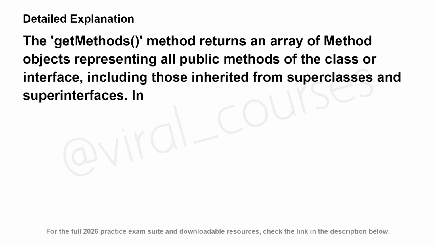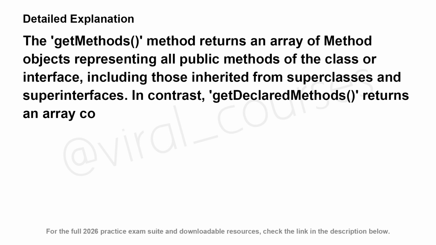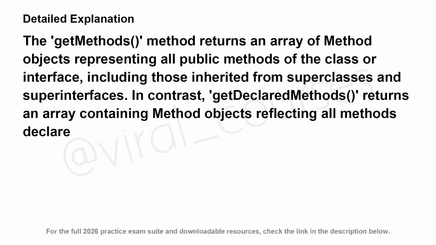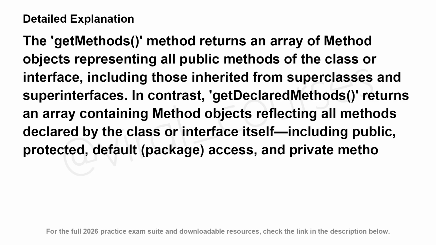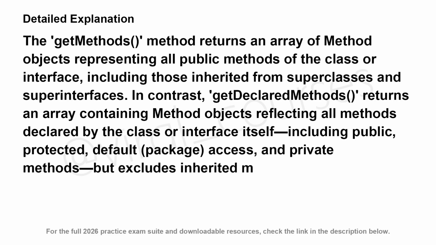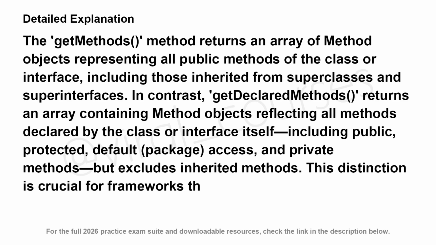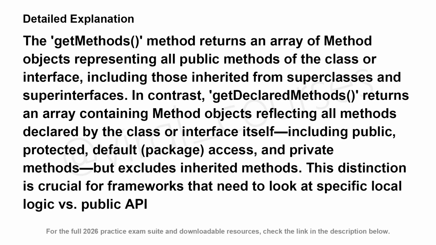In contrast, getDeclaredMethods returns an array containing Method objects reflecting all methods declared by the class or interface itself, including public, protected, default (package) access, and private methods, but excludes inherited methods. This distinction is crucial for frameworks that need to look at specific local logic versus public API surface.